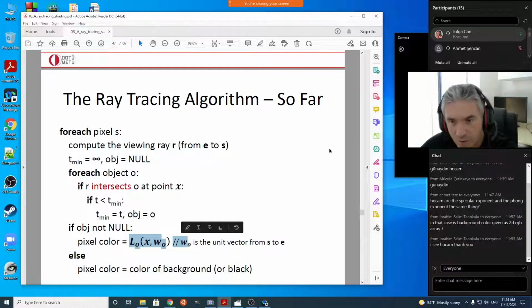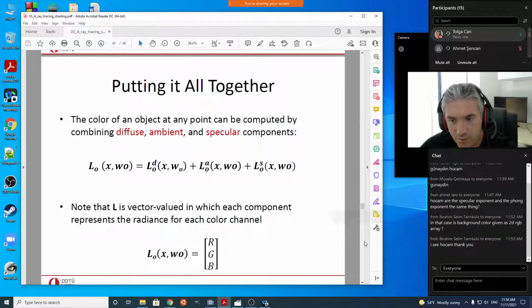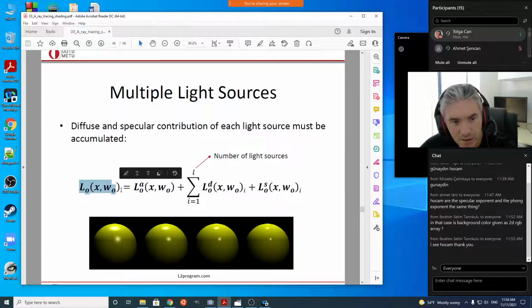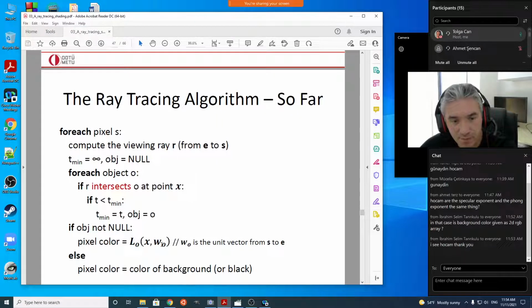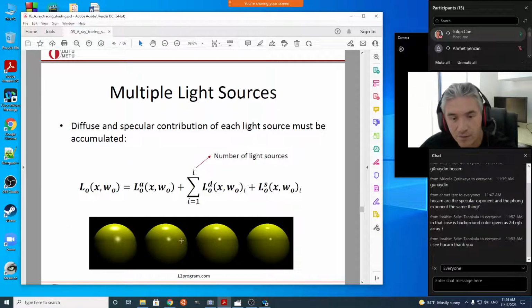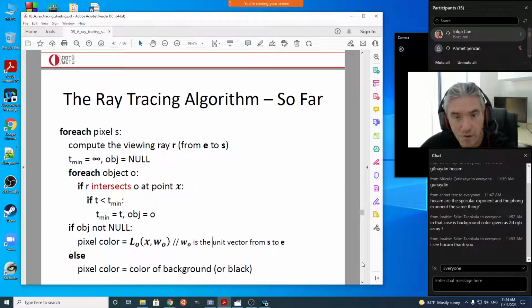So this L_O is the color of the object at point x with this viewing vector. V_O is the unit vector from S to E, our viewing direction, basically our ray direction. So we set the pixel color computed with respect to these parameters, and our ray tracing algorithm produces these images so far. Now, how are we going to make it better?